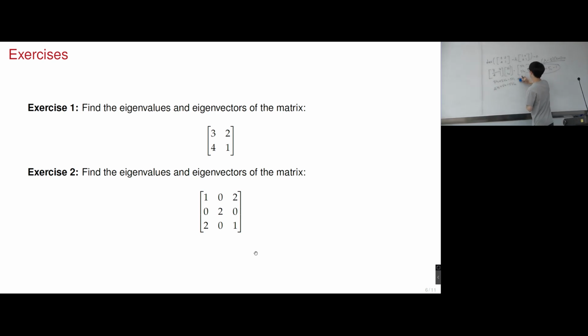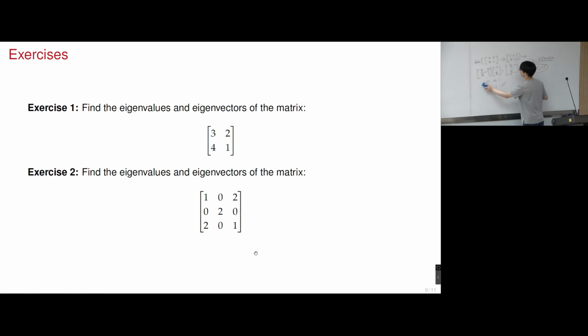You can plug in, for example, 1, 1. And this should be 5, 5, right? Because we multiplied 5 by the vector 1, 1. If you do the equation here, you're going to get 5, 5. So all vectors where v1 and v2 are the same are going to be eigenvectors. So there can be multiple eigenvectors for one eigenvalue, just be noted.